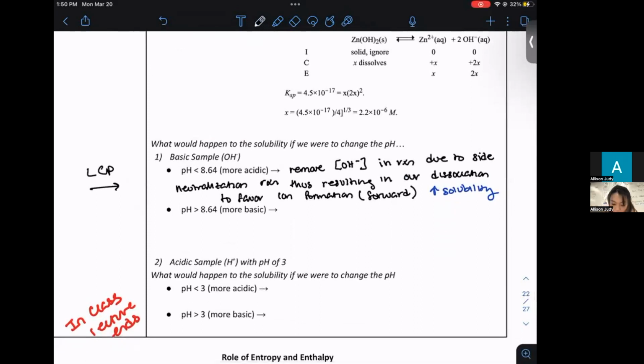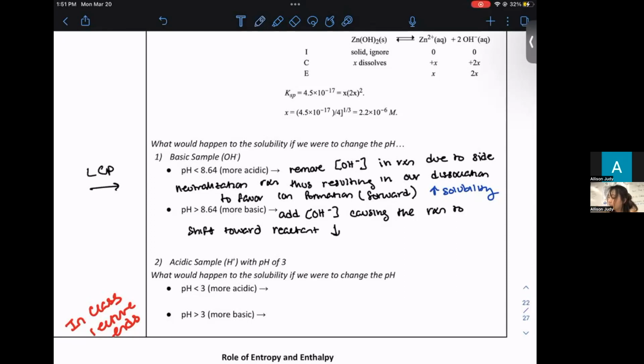Well, it'd be like adding OH minus, causing the reaction to shift toward reactant or precipitate, therefore decreasing solubility.